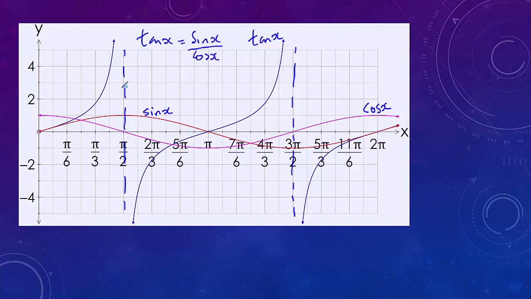So we get these asymptotes every time the cosine is 0. So we can see that's there and there. The cosine is 0 at those points. And that means we're dividing by 0, which we're not allowed to do. That's why we get those asymptotes. We can also see here that both the sine and the cosine have a period of 2 pi, but the tangent has a period of pi.